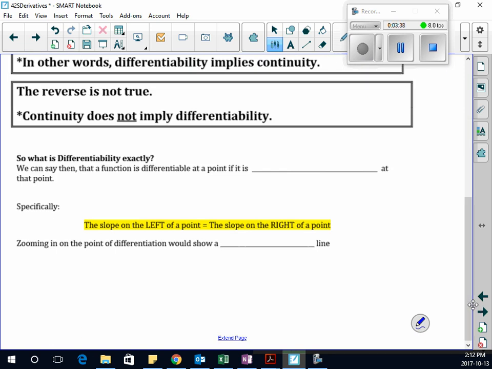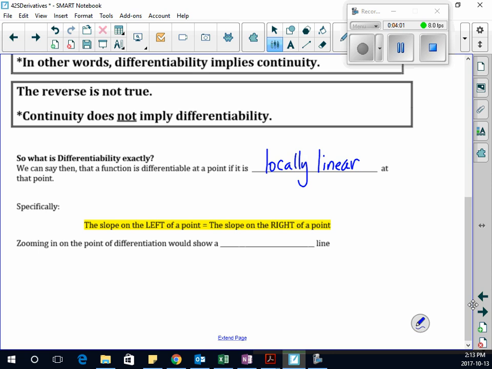Okay, so what is differentiability? We can say that a function is differentiable at a point if it is locally linear at that point. So what does that mean?